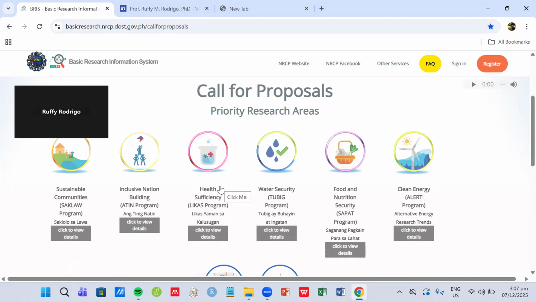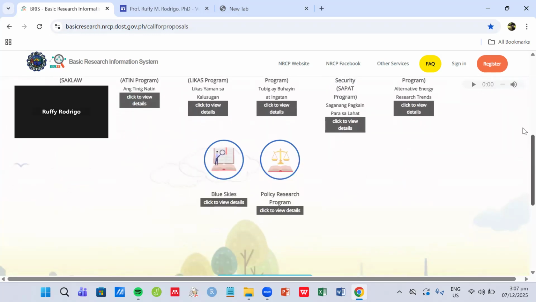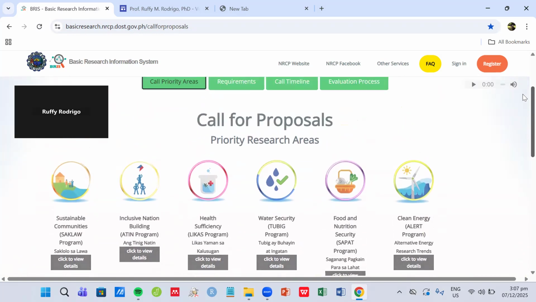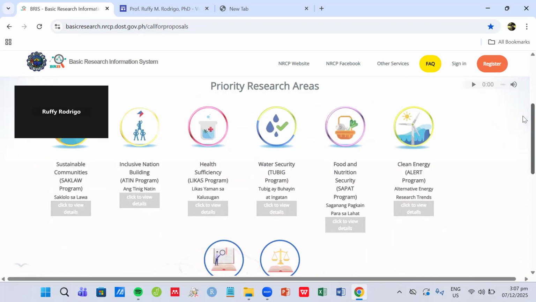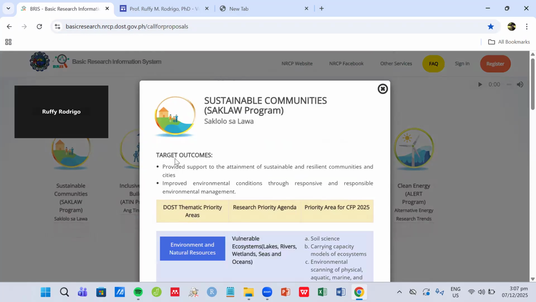What you have to do is look at which priority area your project is aligned with. For example, in my case, I'm interested in forestry research because I am a forester by background. I was already navigating this last week, and all of my projects are really aligned to the Sustainable Communities SACLAW program, Saklolo Salawa.